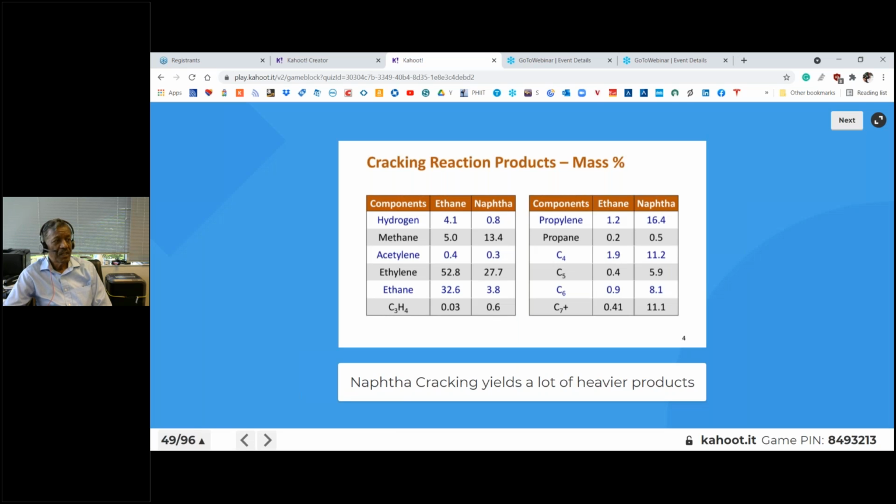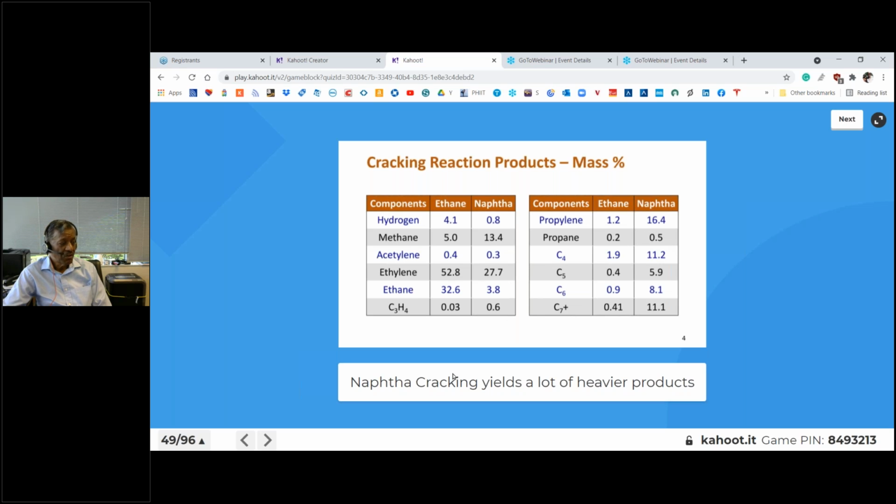So here we are comparing yields of ethane versus naphtha, and you can see over here, based on the mass percentage, ethane is giving you 52% ethylene, and naphtha is giving you only about half actually. So much lower ethylene is being produced when you crack naphtha on pound-to-pound basis.